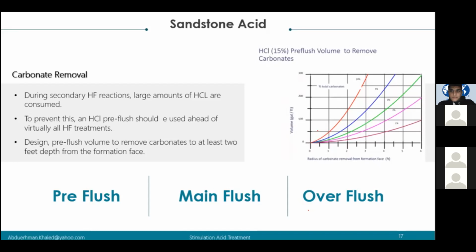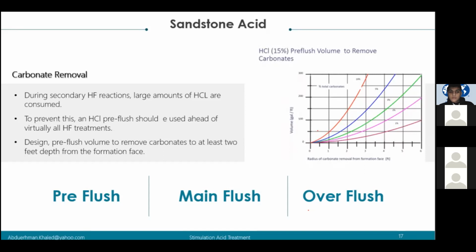If you have carbonate, you have to get rid of it before you inject HF, because calcium and magnesium are salts of hydrofluoric acid, and they are insoluble, and you will create a lot of damage by precipitating these two salts. To prevent this, you can use an HCl pre-flush to remove as much of the carbonates as possible, about 2 feet away from the face of the wellbore.